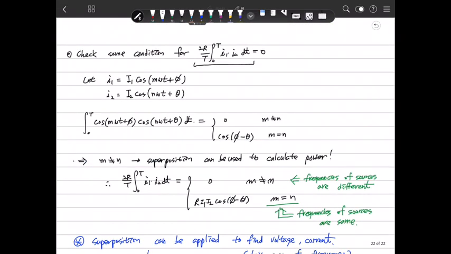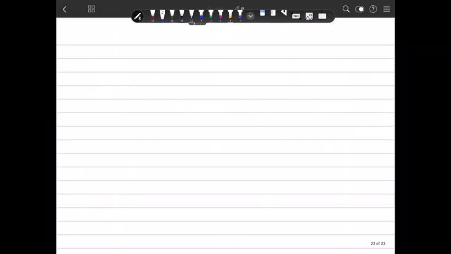So I will give a simple example here. Example 11.7 and 1. We need to find the average power absorbed by the 6 ohm resistor.